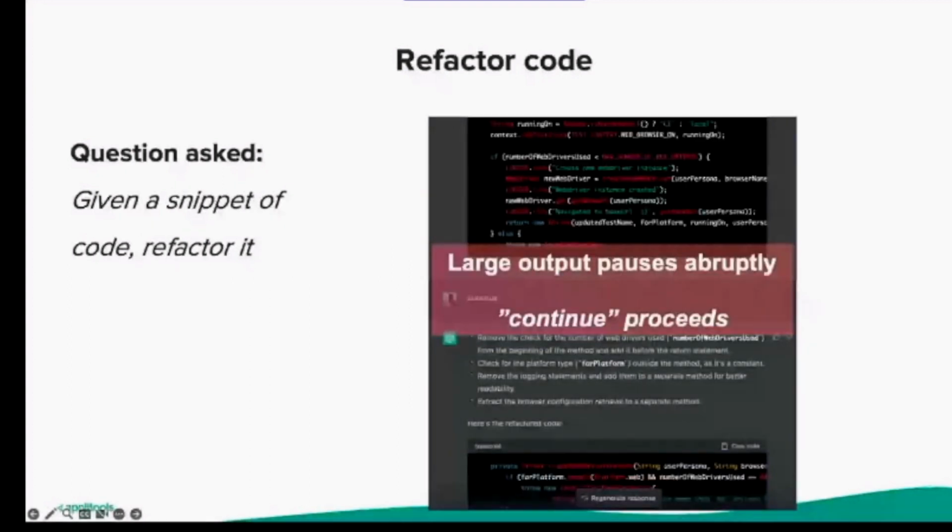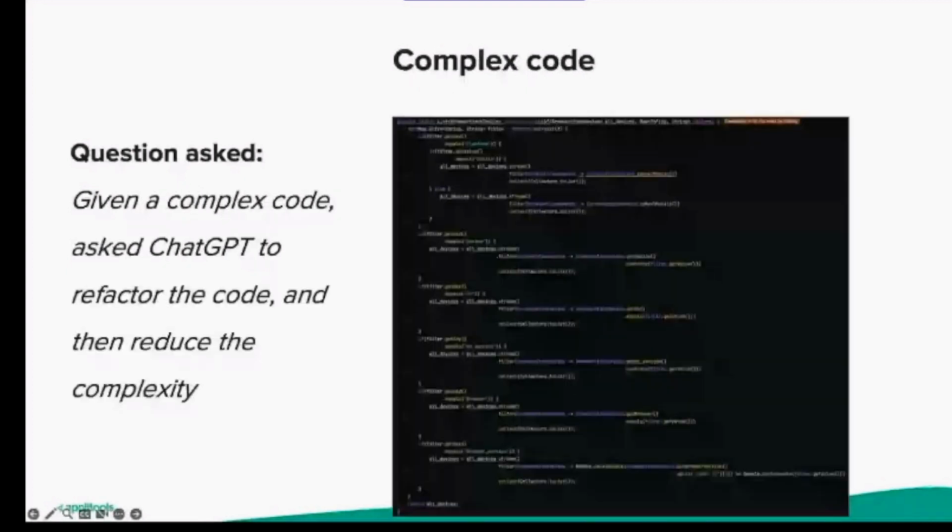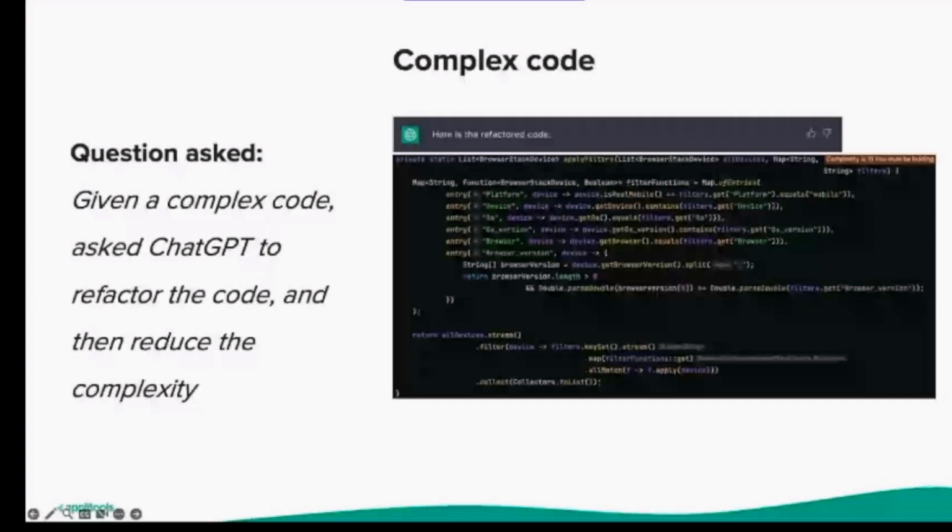We also tried, instead of giving a link to a GitHub repository, pasting a blob of code and asking it to refactor it. For large blobs of code, there were certain challenges that we faced. But again, there's a learning of what capabilities ChatGPT has and how we work with that. We could give it a piece of code and ask it to reduce the complexity. And that was a very insightful thing, because a lot of struggle, a lot of time goes in trying to understand how to reduce the complexity of the code base.